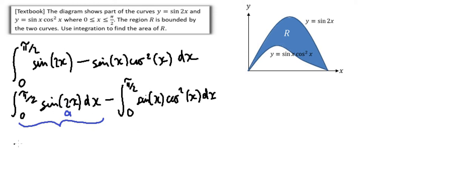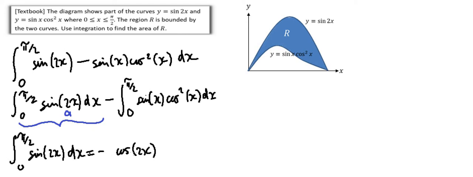So if we integrate sine 2x dx, basically, if we integrate sine, we get minus cos. So we get minus cos of 2x, but because it's got the coefficient, we divide by 2, and that gives us minus a half cos 2x.